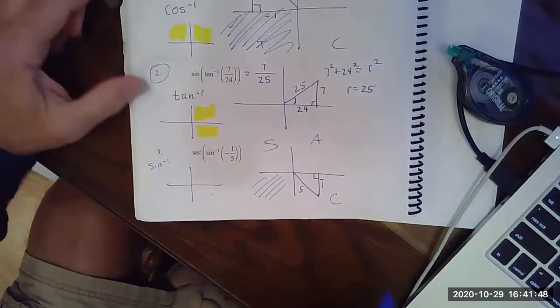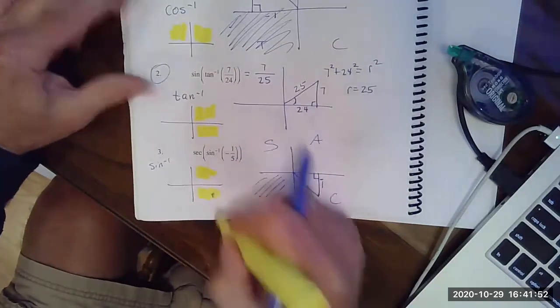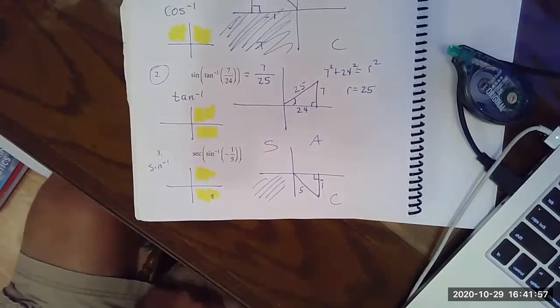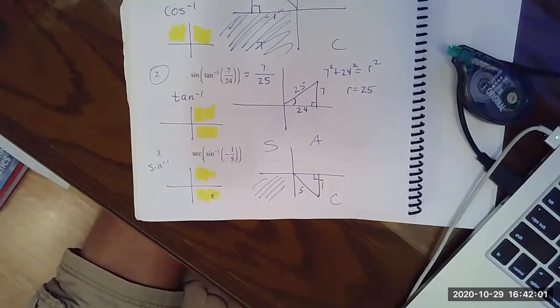Like, where do I draw my picture? Where do I start looking? Sine inverse and tan inverse use the same two quadrants. There's a slight variation, though. For the tan, you cannot include negative pi over 2 and pi over 2, but they're still quadrants 1 and 4. Does that help, Sam? Yes, thank you.